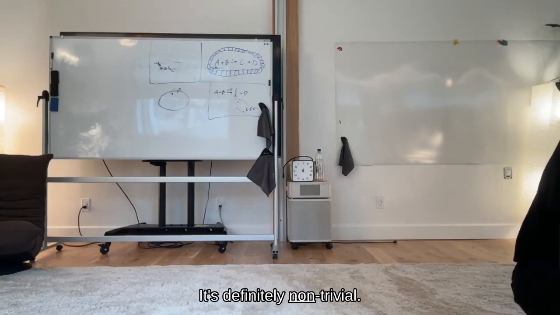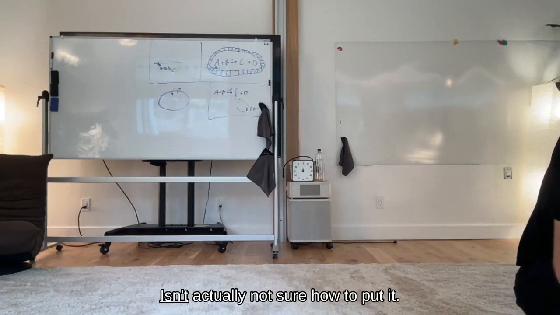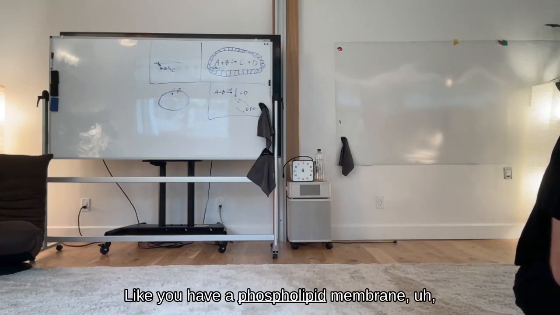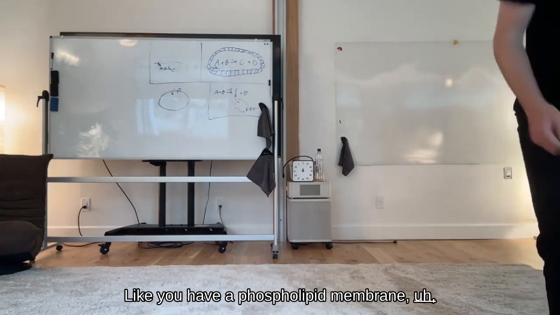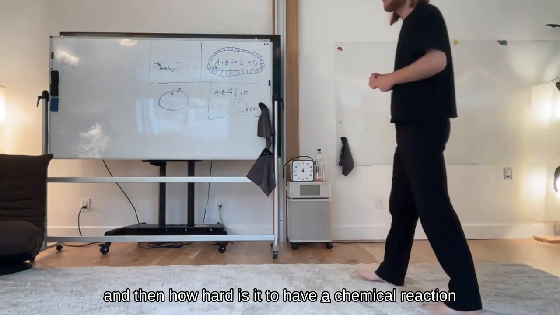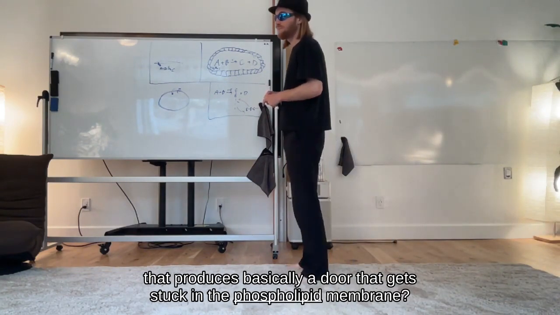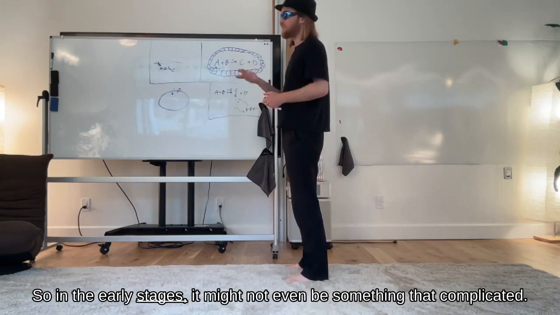It's definitely non-trivial. On the other hand, I guess I'm actually not sure how complex. You have a phospholipid membrane, and then how hard is it to have a chemical reaction that produces basically a door that gets stuck in the phospholipid membrane? So in the early stages, it might not even be something that complicated.